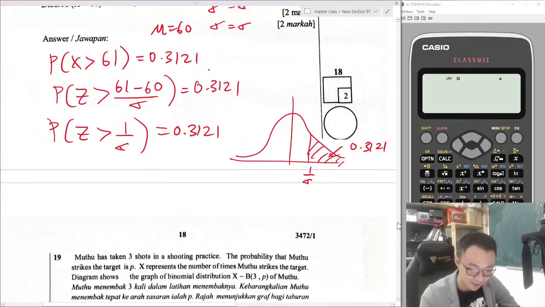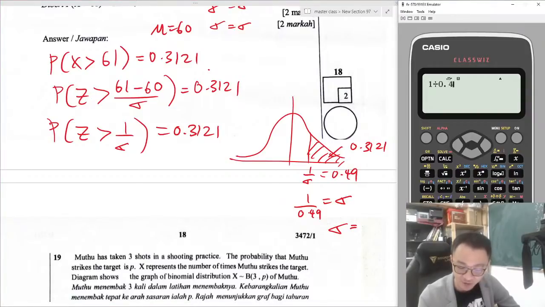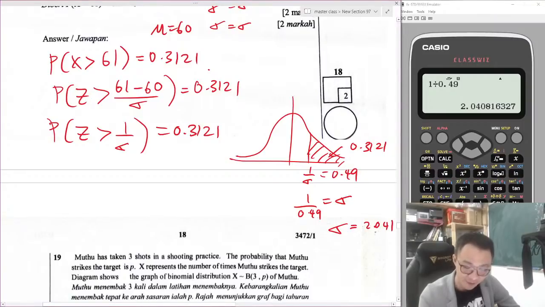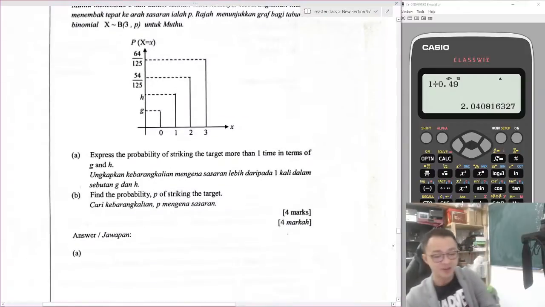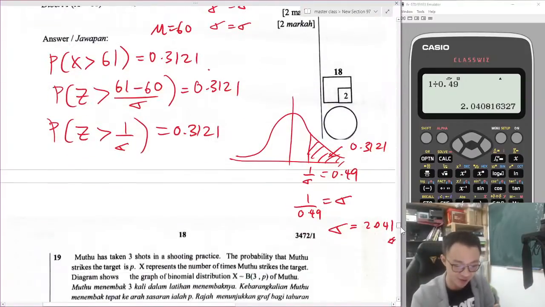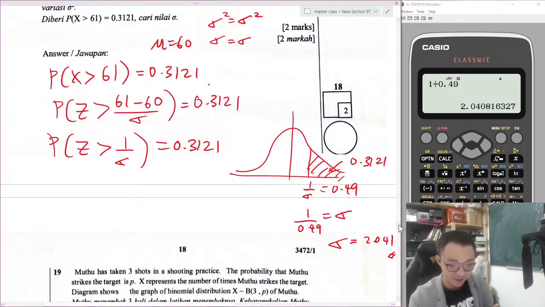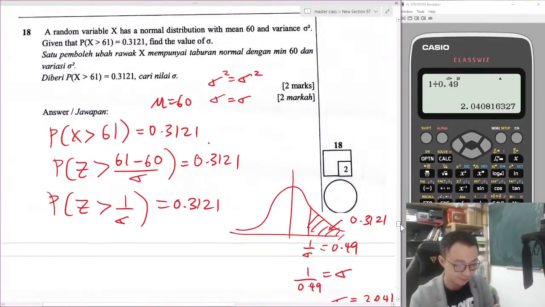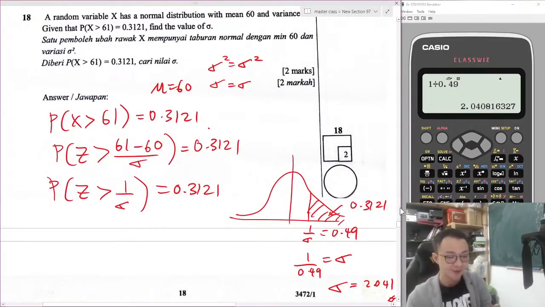So this one equals 0.49, so 1 over standard deviation is 0.49. So standard deviation is 1 divided by 0.49, which is 2.041. Okay, this is the value of the standard deviation. I'm not sure why my screen keeps jumping. Alright, so this is how we do it.